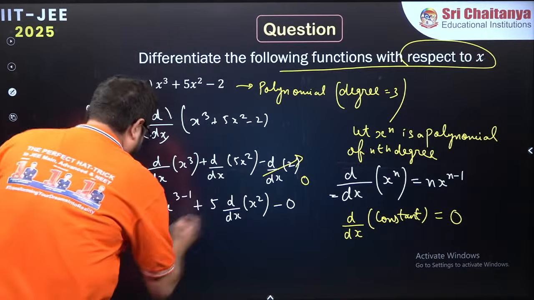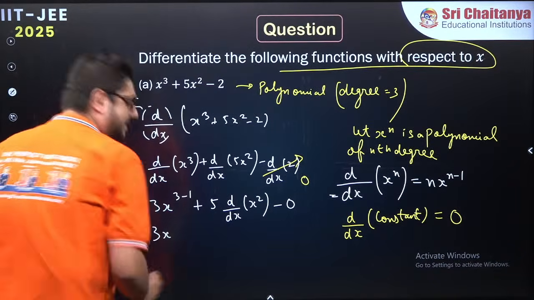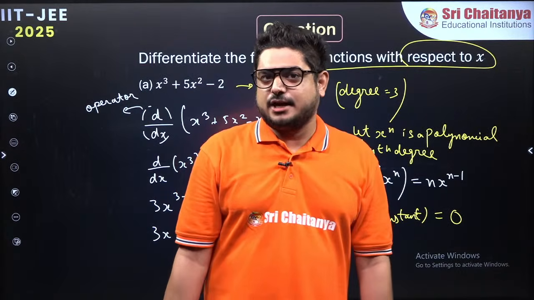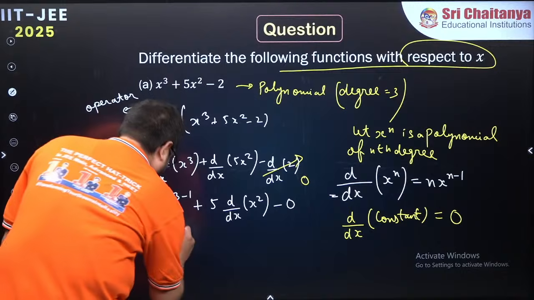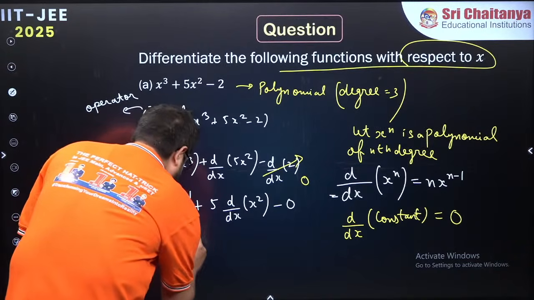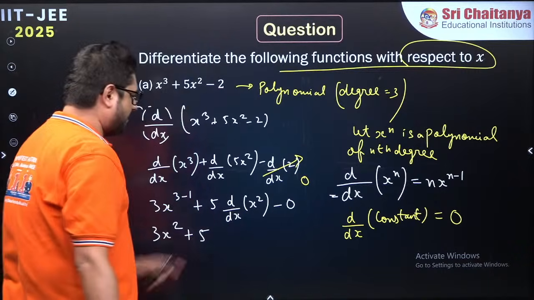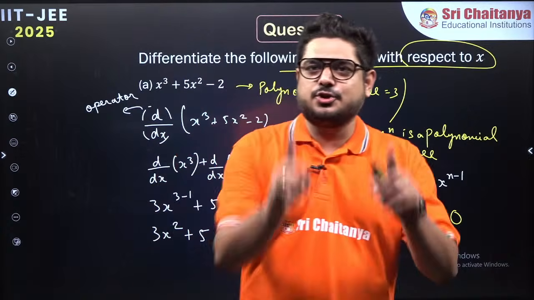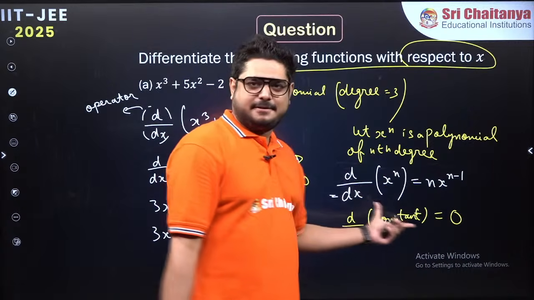So what are we going to get? 3 into x to the power of what? What is 3 minus 1? 3 minus 1 is going to be 2. So I can write it as 3x square plus 5. Now what is going to be d by dx of x square? Once again, we need to use this property.